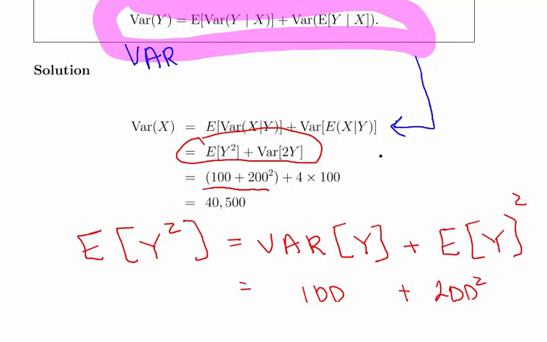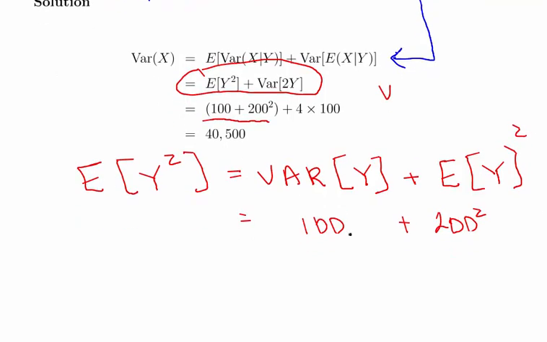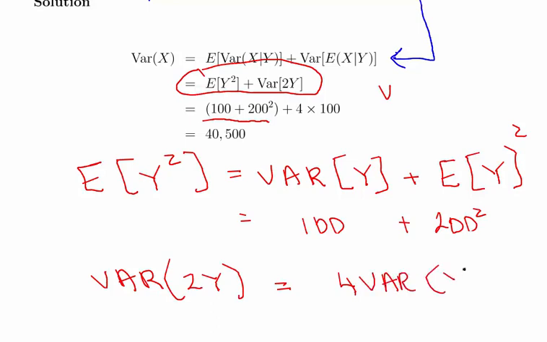Now, the variance of 2Y is simply 4 times, or 2 squared times, the variance of Y. So that's 4 times 100.